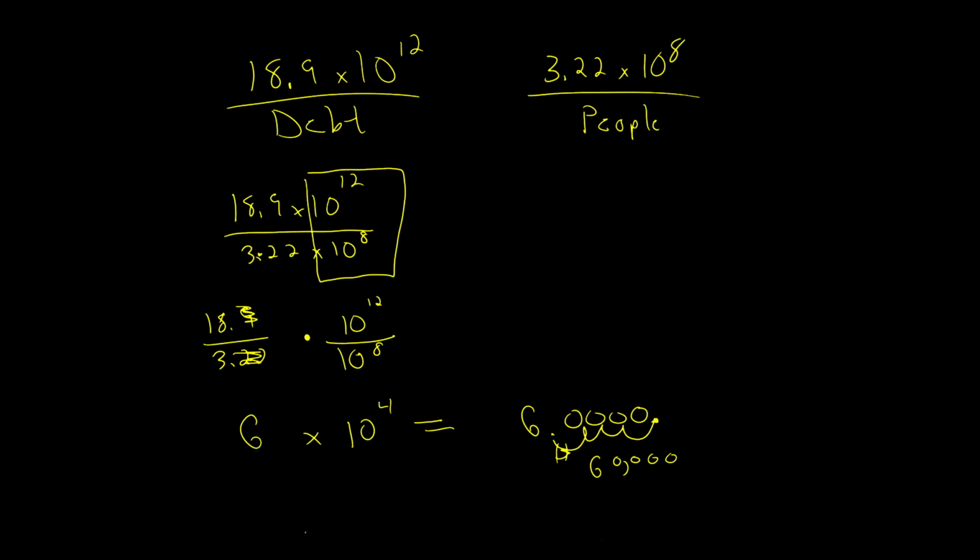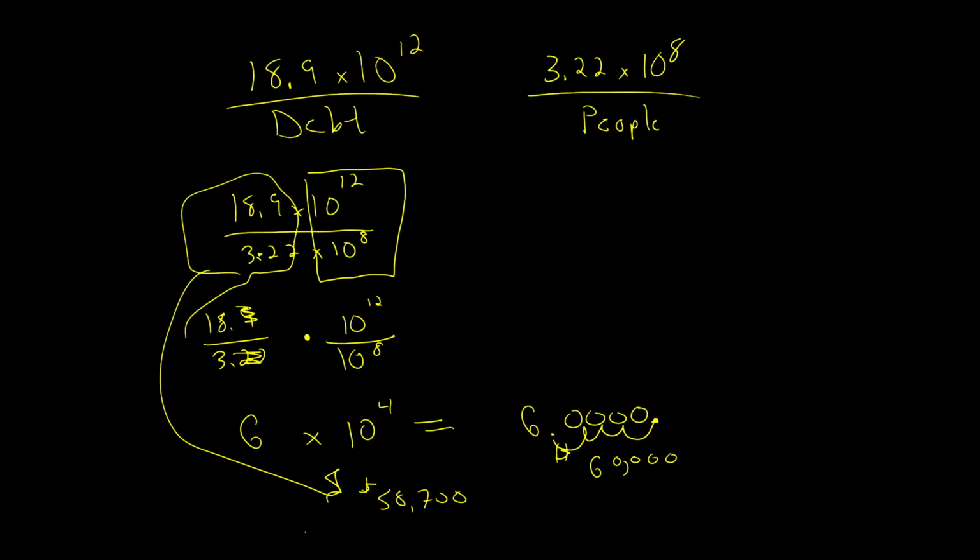Now the actual answer, if you plug it into a calculator or look at the example in the book, is 5.87 times 10 to the 4th, or $58,700. So if we plug this initial thing into the calculator, we get this. I don't think my rounding trick is too bad. And that's really what scientific notation was invented for, so that you could get in the ballpark.